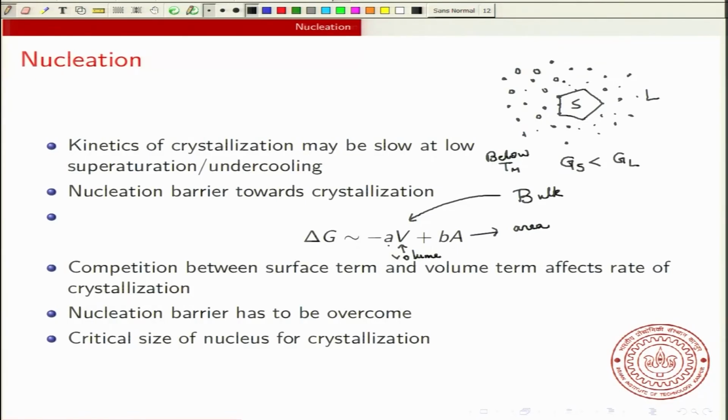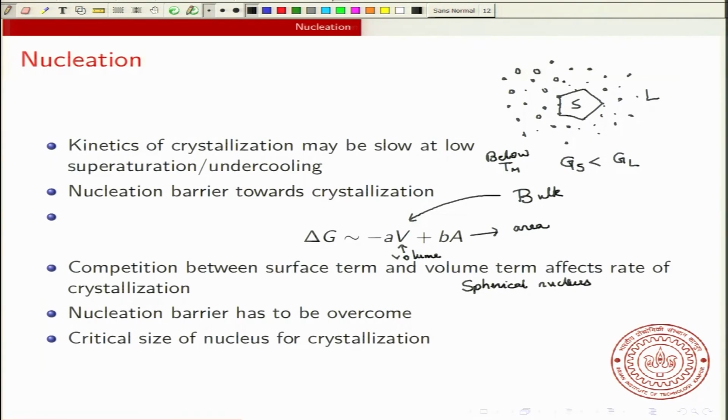So this free energy depends on the size of the crystallite. If you assume, for example, a spherical nucleus, this little piece of crystal is called a nucleus.